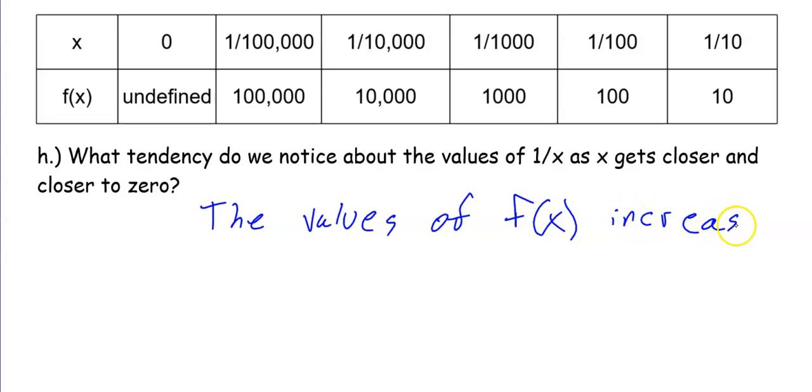They're going to get larger and larger, approaching infinity. As x gets closer and closer to 0, like I showed you in the table, x is getting smaller and smaller. If we put in more values between here and 0, these numbers would get larger. They would keep getting larger until we actually got to 0, and then it just doesn't work.